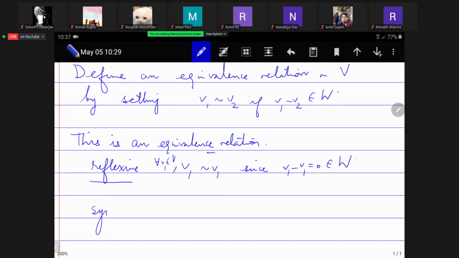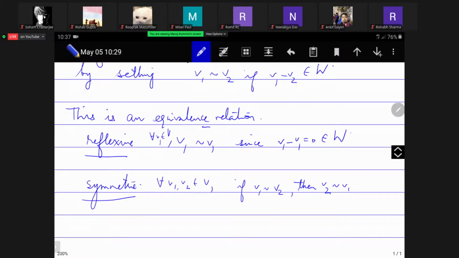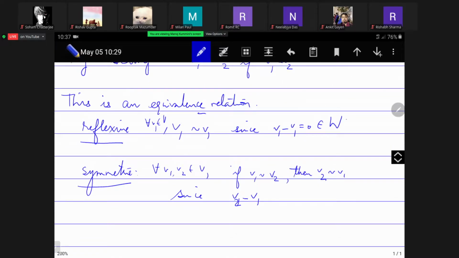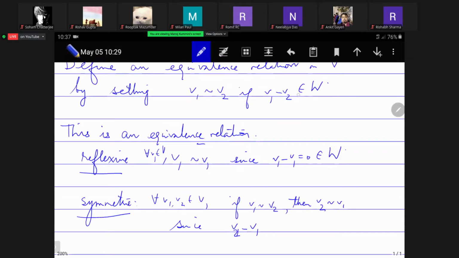Symmetric. For all V1, V2 inside V, if V1 is related to V2, then V2 is related to V1. That is what we need to check: whether V2 minus V1 is inside W. The first one minus the second one being inside W is what we have defined.